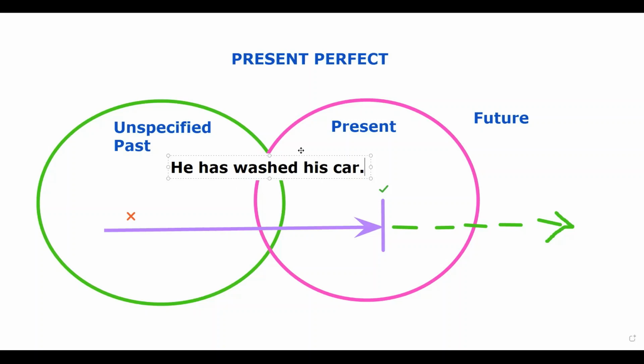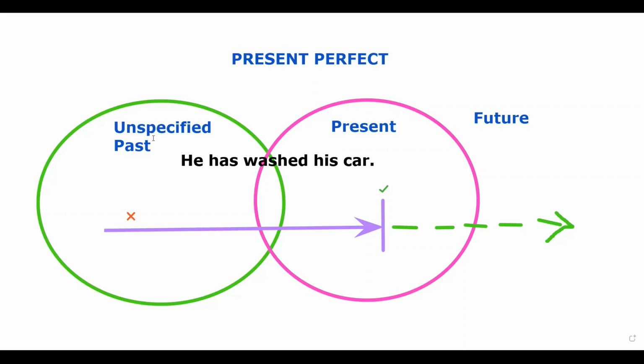So something happened in the past and has the evidence now in present. He has washed his car. We use present perfect because it is clean now, and we can have this evidence. We can see that it is clean now.